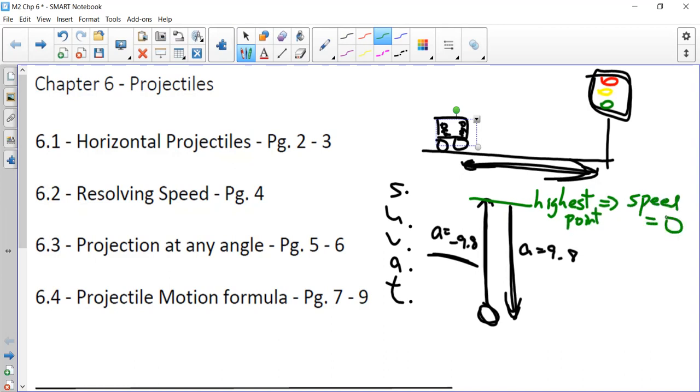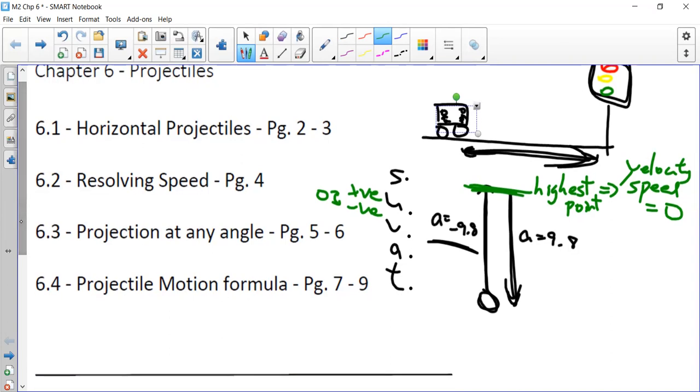Well, why? Or velocity, actually. Velocity is 0. Or speed, it doesn't matter in here. The reason being is, as you go up, let's say initial velocity is positive, and then when you come back down, it's negative. So surely from positive to negative, there must be a number connecting them, which is 0. That's why at the highest point the speed is 0. We'll come back to this point very soon.